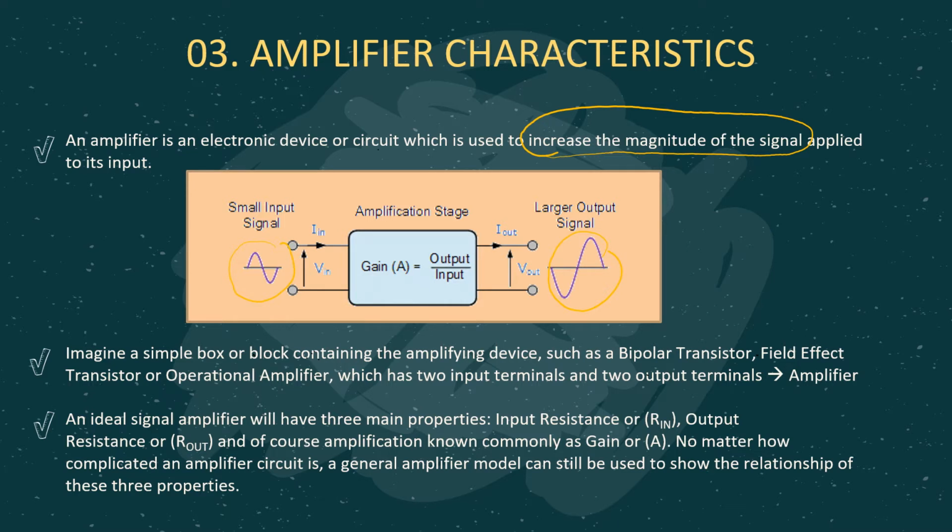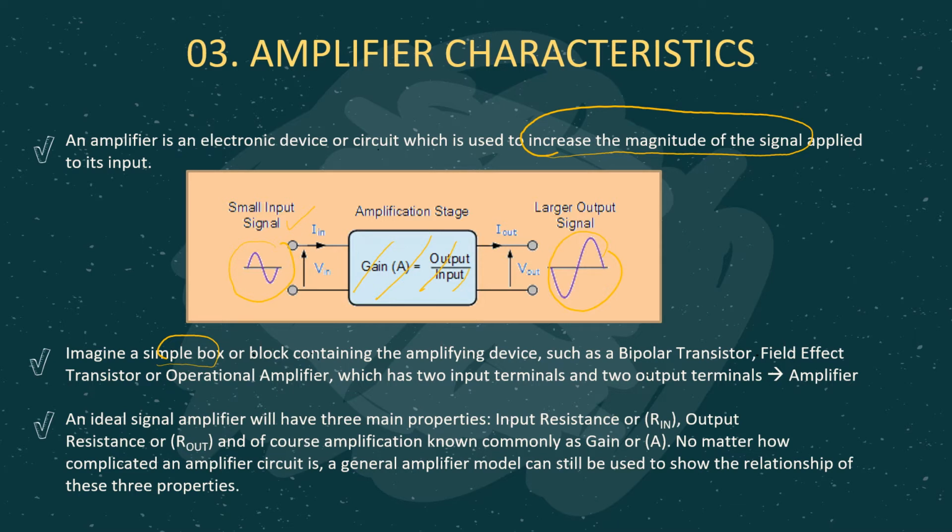Okay, so when we talk about amplifier characteristics, you just imagine the amplifier as a simple box. You don't know what's inside, because it can be made of many transistors, BJT or FET. At the moment you don't have to know, but just imagine one simple box, a black box. At the input terminal it is connected to the input signal, at the output terminal it is connected to the output signal.